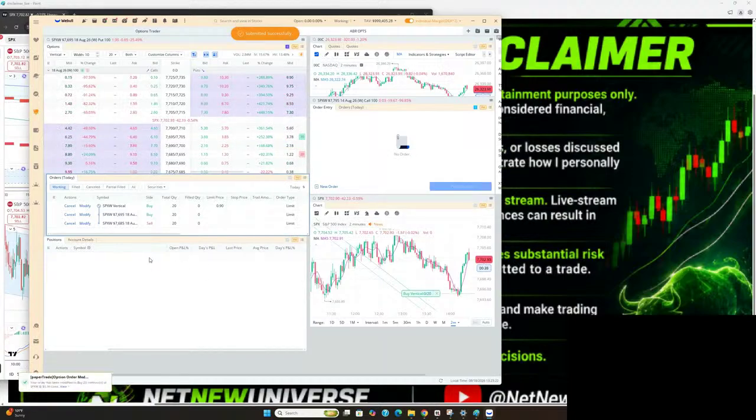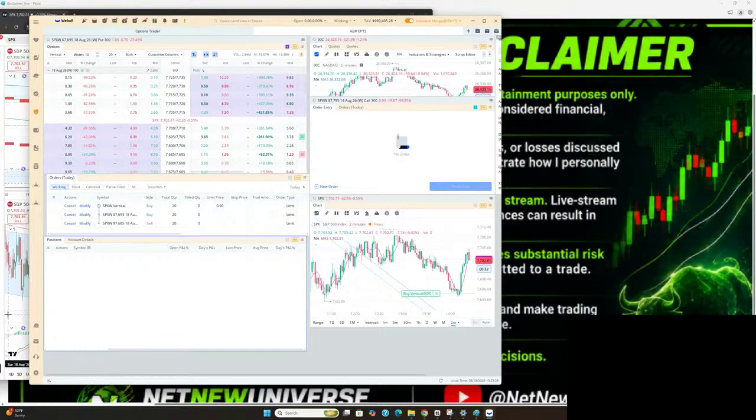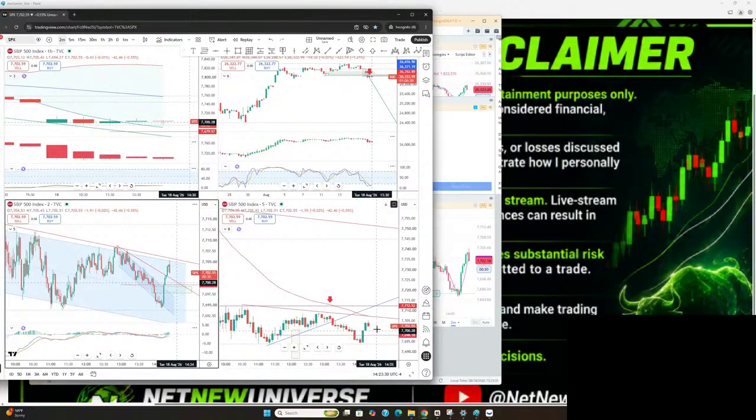Okay, let's look at the chart. Yeah, this one going to close. Oh, I don't want to see this one as a red. 1 minute left. I want to see green for better execution.